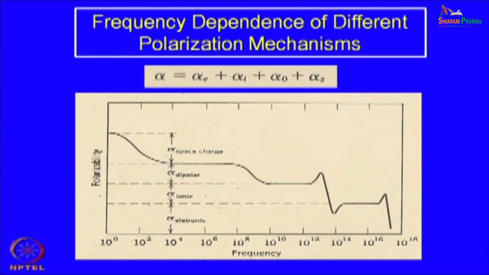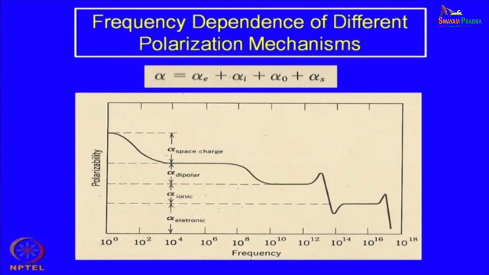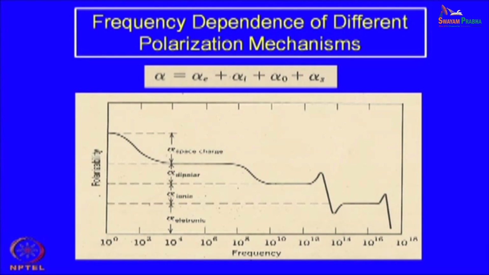One can visualize the electronic polarization, where only the displacement or deformation of the electron cloud takes place, and this can take place at a very high frequency or very high speed. So, the relaxation time is very small, and therefore, it can respond to almost any kind of frequency applied from outside.